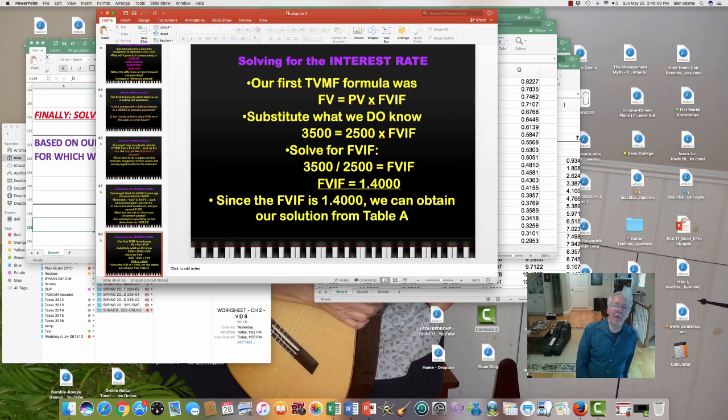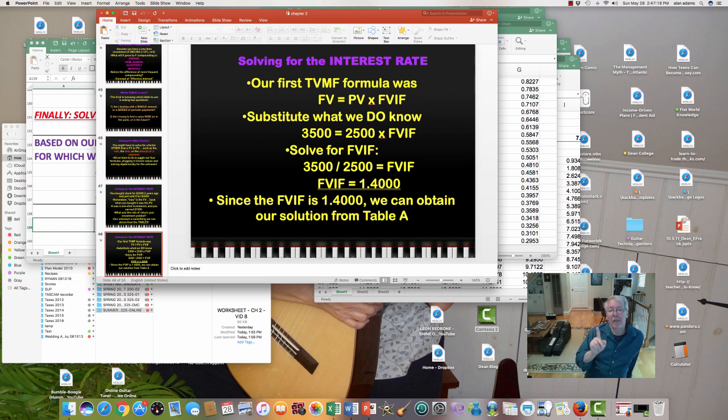Now, of the 4 formulas we used, the simplest one, the most basic one, was number 1. FV equals PV times the table 1 value that we call the FVIF, the future value interest factor. So when you substitute into the equation what we know, 3,500 equals the present value, 2,500.